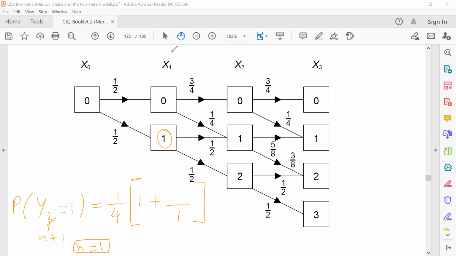I take it from here, because if my n is 1, my x1 is 1. So I just write a 1 here, and this is 2 by 4, a half. So the probability that your y2 will take a value 1 is a half. And then 1 minus that will be the value that it will take 0. Got it, 1 to 1, just a half. So previously when you had 0 here, the number you write here is 0, which is why you just had 1 by 4.